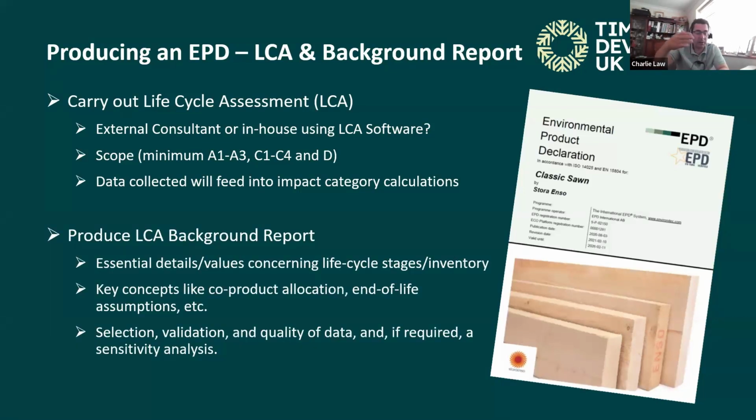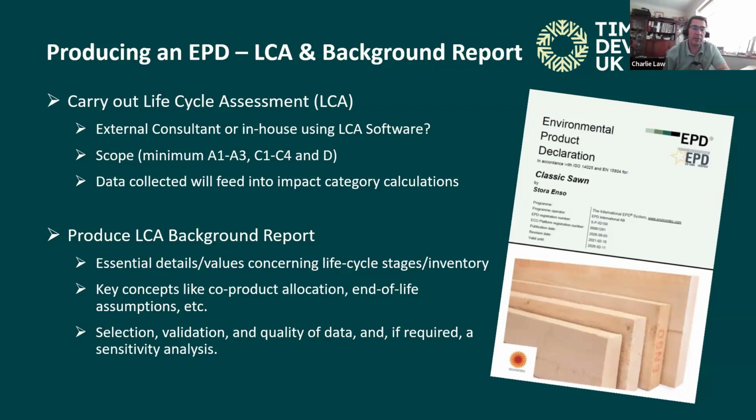Not just carbon, it will include lots of other impacts. And then you produce what you call the LCA background report. So it includes essential details, values concerning life cycle stages, inventory. It's basically telling the assessor what you've assumed or what you've accounted for within that life cycle assessment.